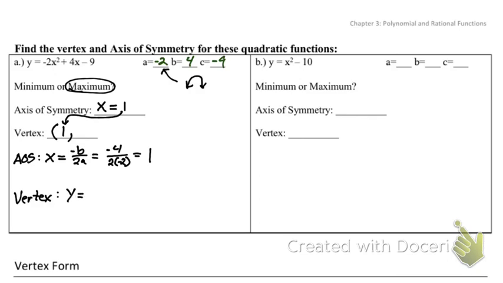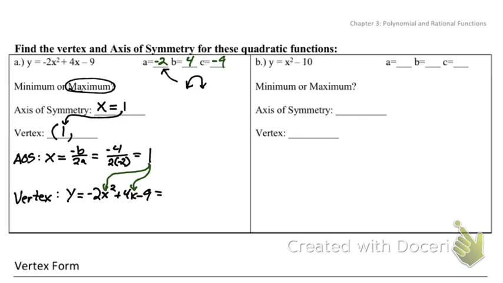So we're going to have y equals, well, we started with, let's write the whole thing, negative 2x squared plus 4x minus 9. You're going to take that 1 value and plug it in for both of your x's, because you're saying what happens when x equals 1. That's what that 1 starts out as.